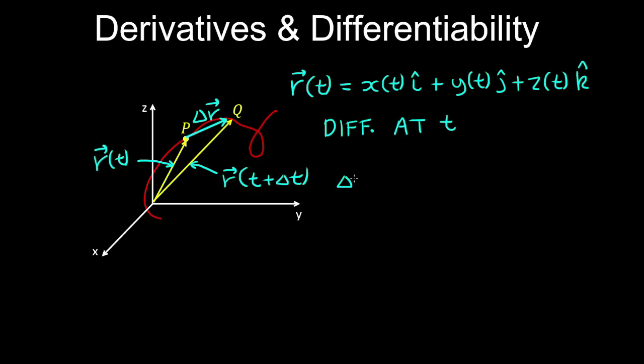And therefore we can write delta r as r(t plus delta t) minus r(t).